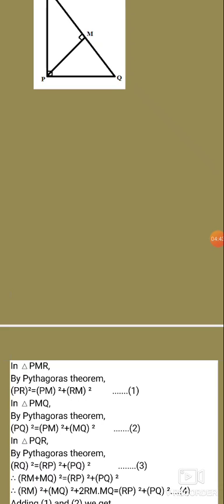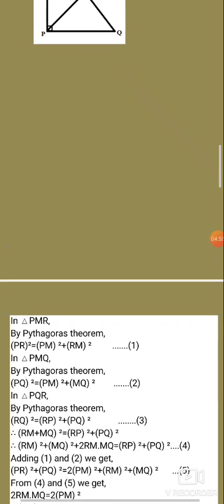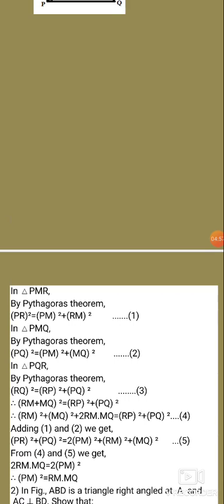So RM plus MQ the whole square is equal to RP square plus PQ square. Now expand using A plus B the whole square. That is RM square plus MQ square plus 2 RM into MQ, which is equal to what? Right side, RP square plus PQ square. Now adding equation number 1 and equation number 2. What we get?